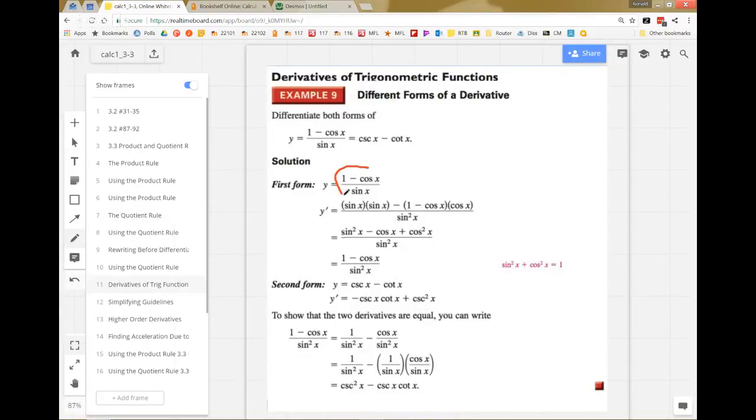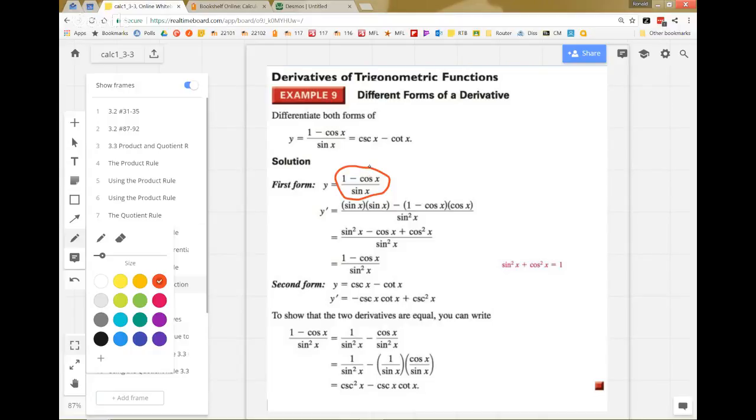And here's our quotient. You answer, use the quotient rule. So you would take the denominator times the derivative of the numerator. What's the derivative of the numerator? Derivative of 1 is nothing. The derivative of cosine is minus the sine. So what's the derivative of minus cosine? Plus sine.